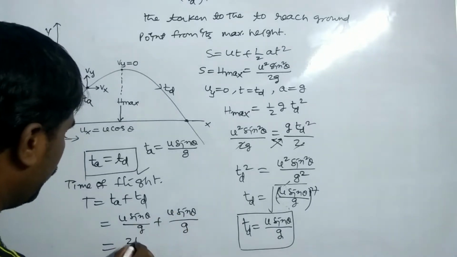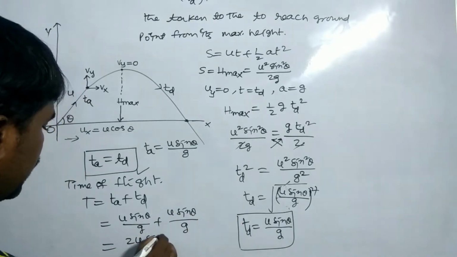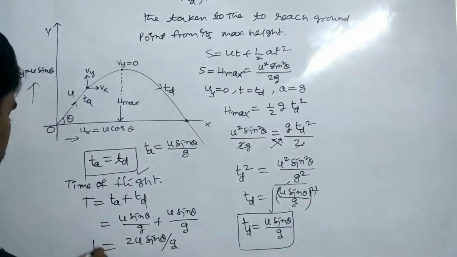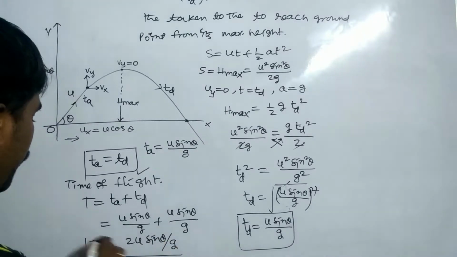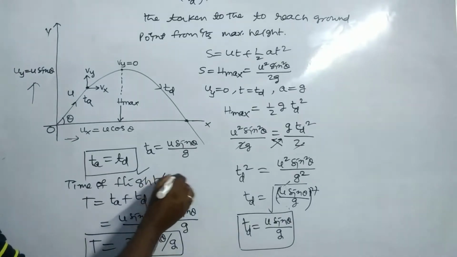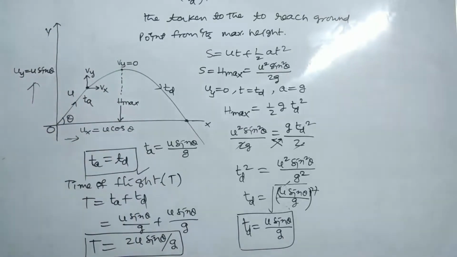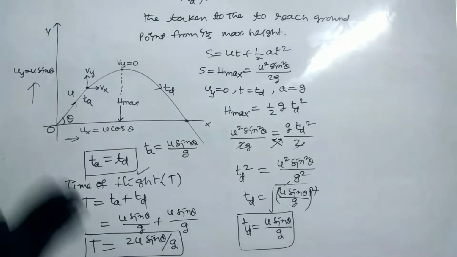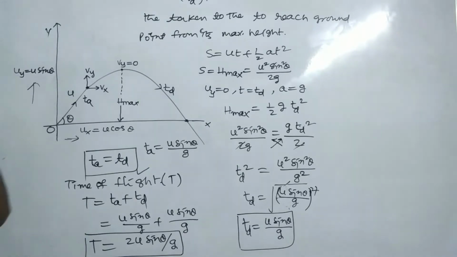That is nothing but 2u sin theta by g. So this is the time of flight of a projectile. So here time of ascent, time of descent, maximum height and time of flight are defined.